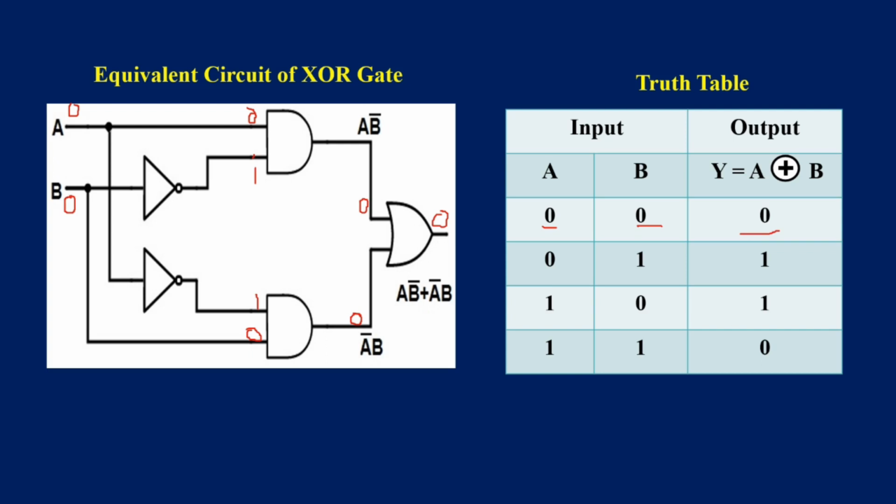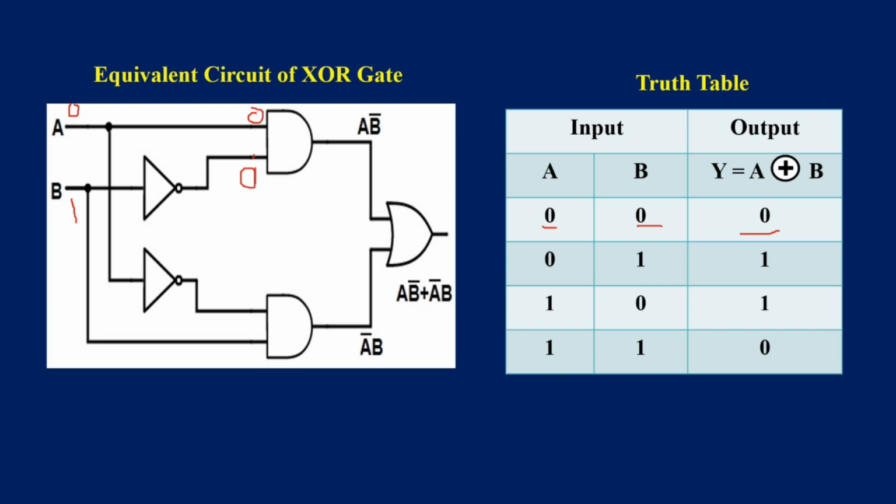Now I am changing the inputs. A is made 0, B is made 1. B is given to the NOT gate, this NOT gate inverts it, it becomes 0.